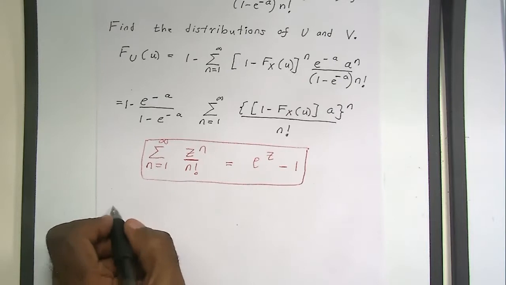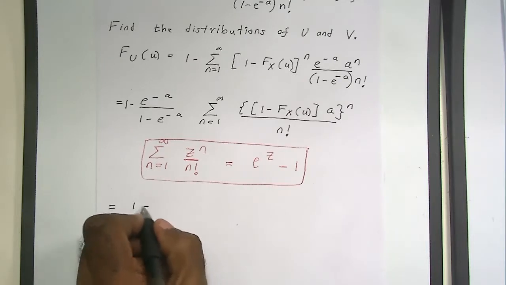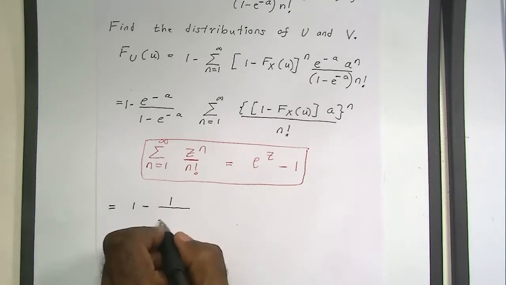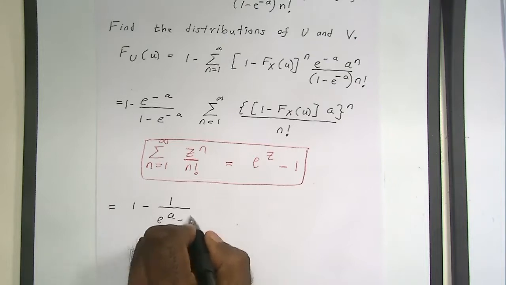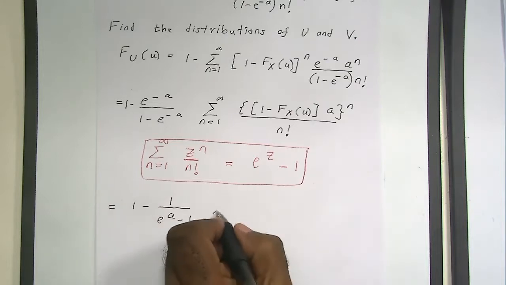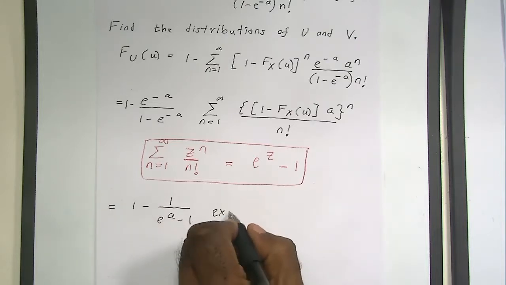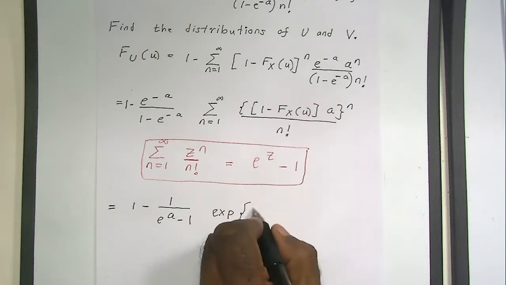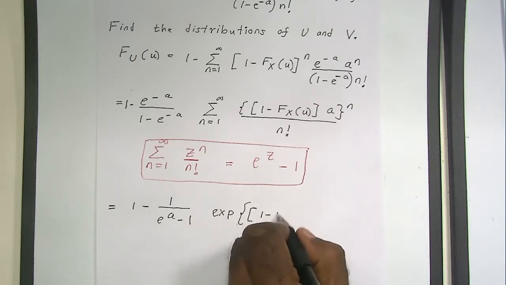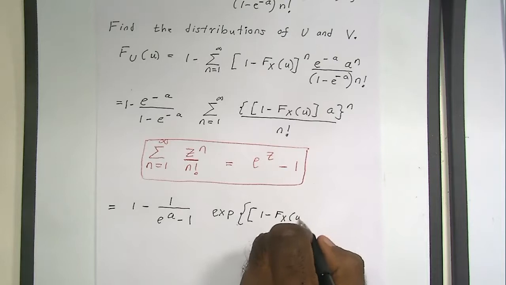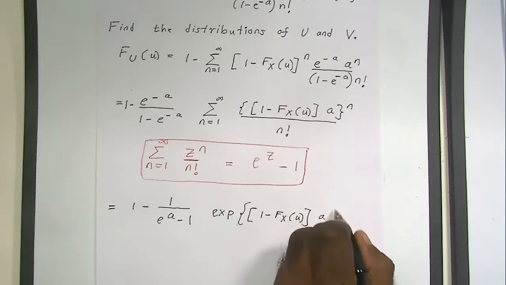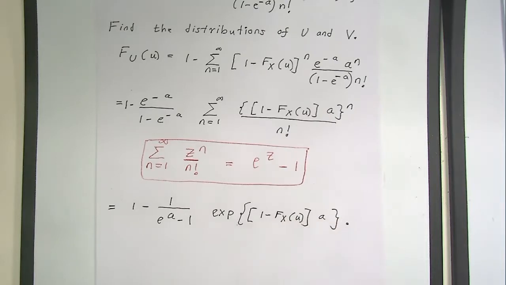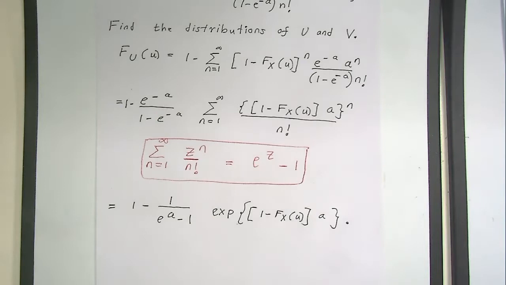So if you use that, you get 1 minus 1 over... so this is the CDF of U, the minimum portfolio loss, right?